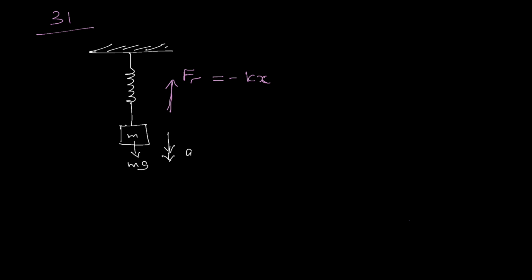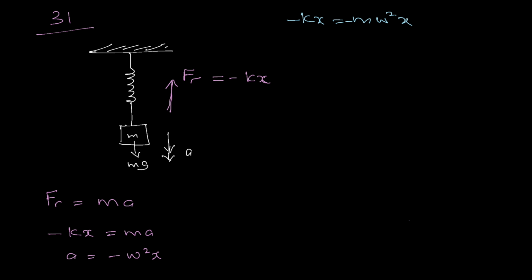And so the restoring force is equal to ma, which means minus kx equals ma, but a equals minus omega squared x. So we can say that minus kx equals m times minus omega squared x, where x cancels x and minus cancels minus, and so k equals m omega squared.